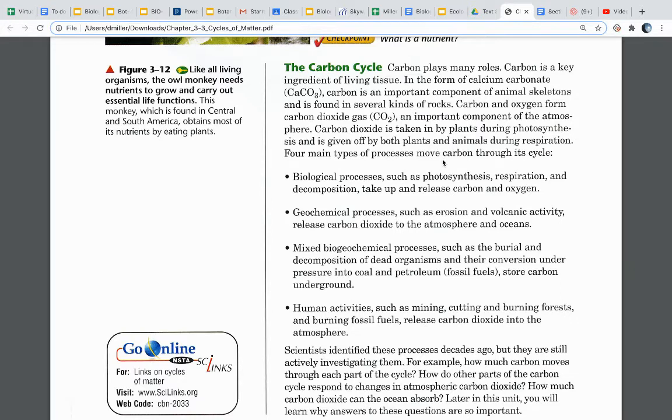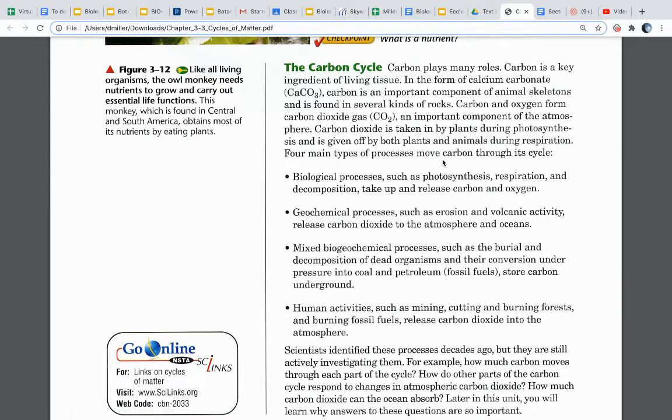In the form of calcium carbonate, CaCO3, carbon is an important component of animal skeletons and is found in several kinds of rocks. Carbon and oxygen form carbon dioxide gas, or CO2, an important component of the atmosphere. Carbon dioxide is taken in by plants during photosynthesis and is given off by both plants and animals during respiration.